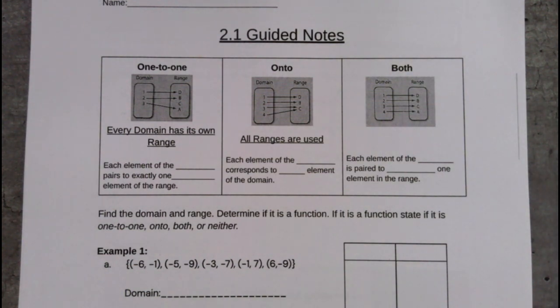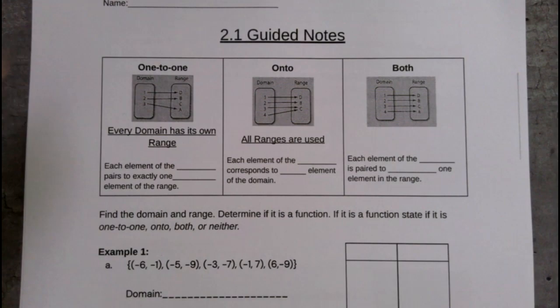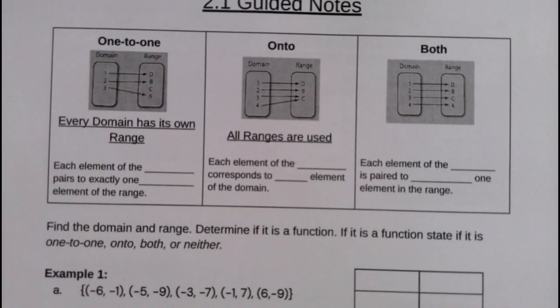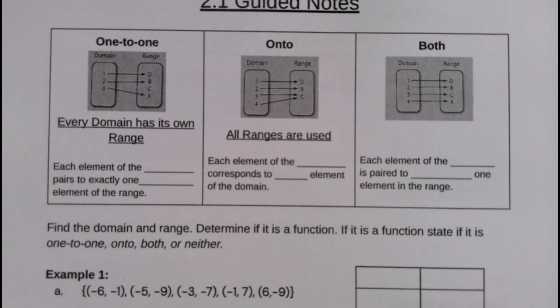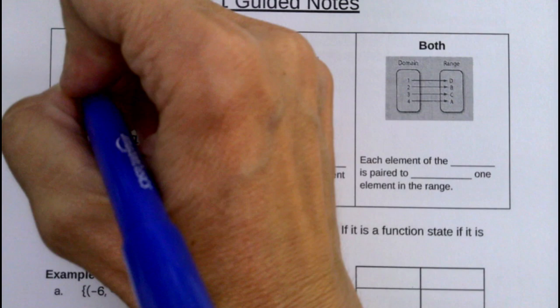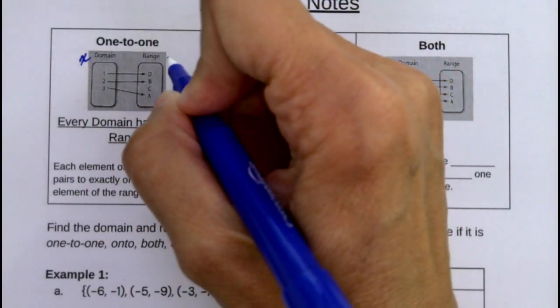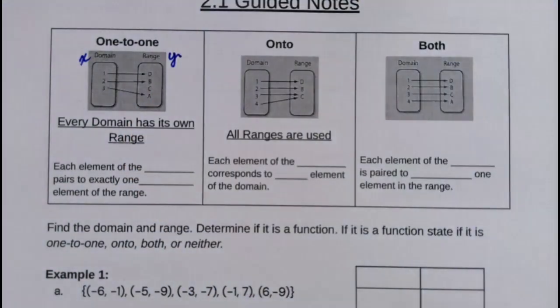So if we look at a one-to-one function, every domain, our x values, has its own range, which is the y values.